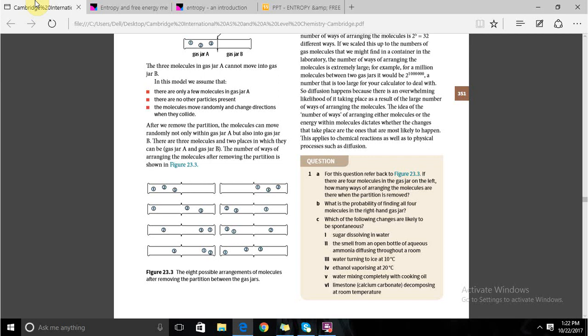Next, this is again an example of diffusion, most certainly spontaneous. Water turning to ice at 10 and ethanol vaporizing at 20. You should remember that the boiling point of ethanol is actually 78. And ethanol vaporizing at 20 is an evaporation process, and evaporation will most likely need continuous heat from the surroundings.